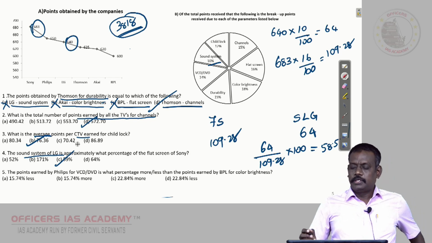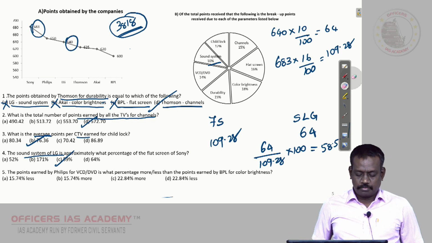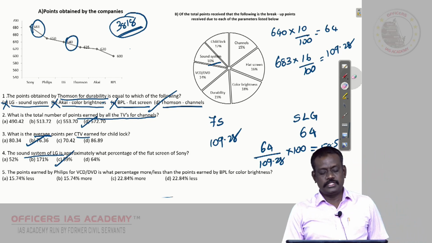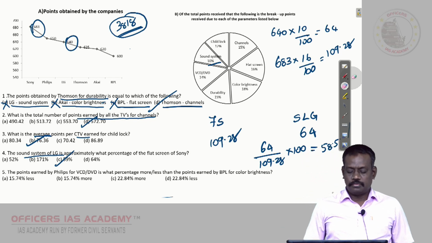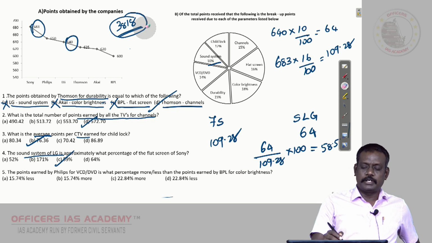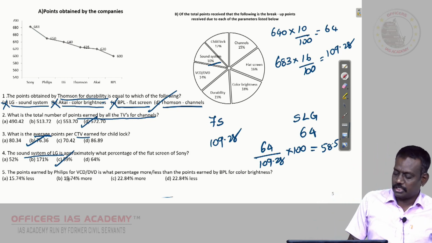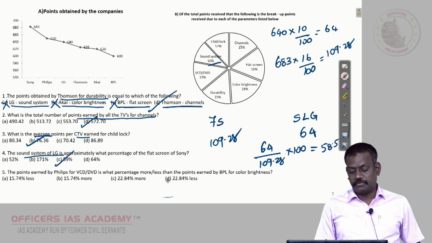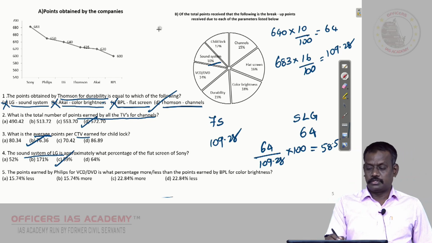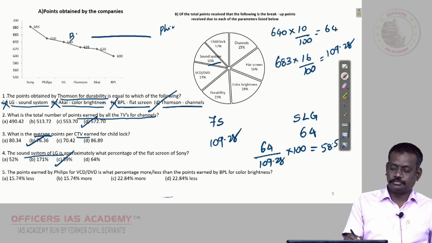Understood? And coming to the last question, the points earned by Philips for VCD or DVD is what percentage more or less than the points earned by BPL for color brightness? Here it is Philips and here it is BPL.